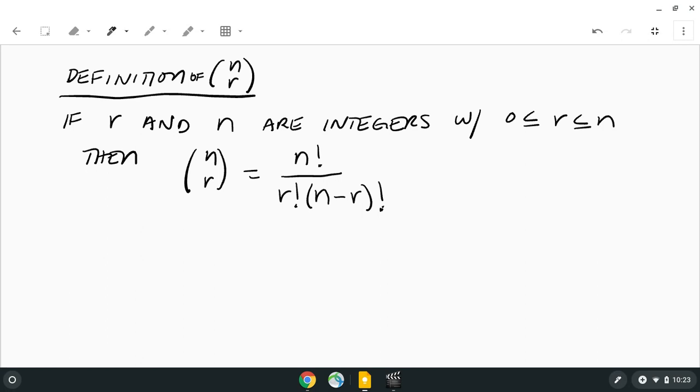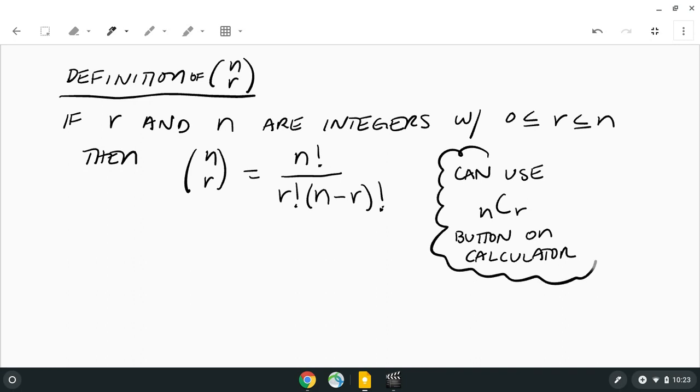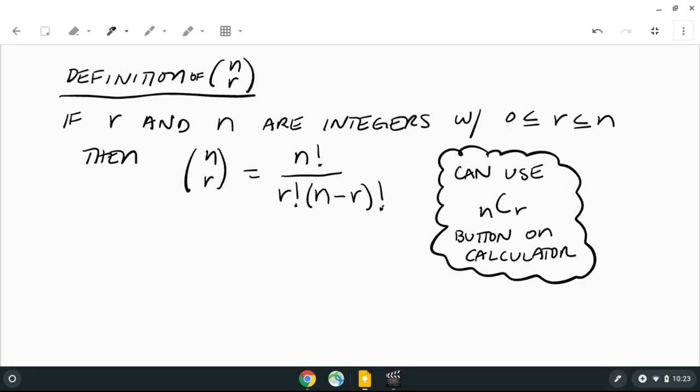All right. You also have a button. Here you can use the nCr button. So if you have this button on your calculator, you can use this. And I included a video on how to use this if you're using a TI-83 or 84, which is a little more tricky to find this button on the graphing calculator.